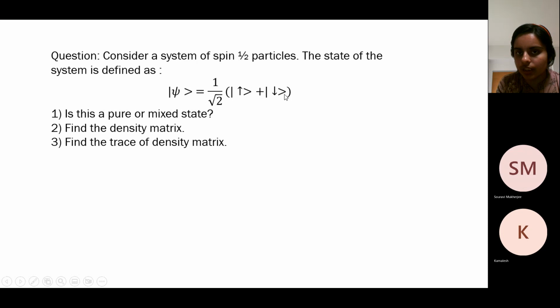This up and down are two eigenstates; if you consider some sz vector, then these are the eigenstates of that sz vector. So this is in some basis, and it's in a superposition of these two basis vectors. But your state is well defined. This is your psi. So is it a pure state or a mixed state?